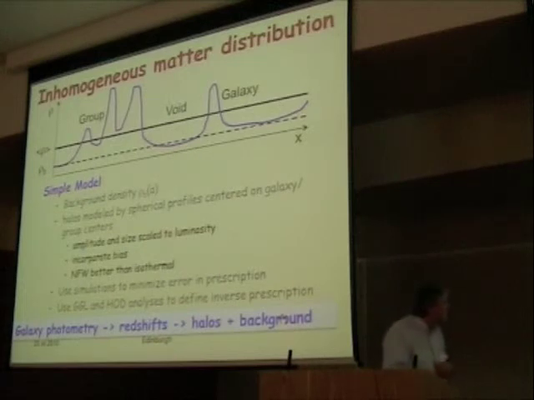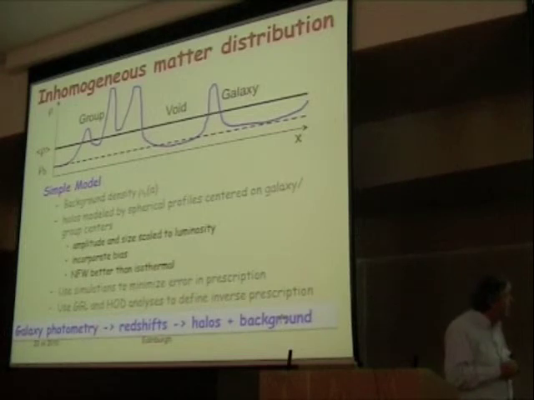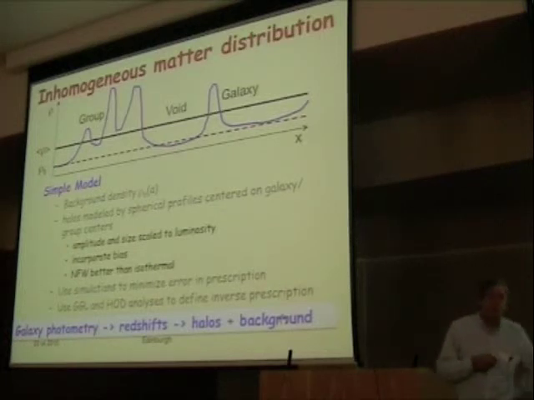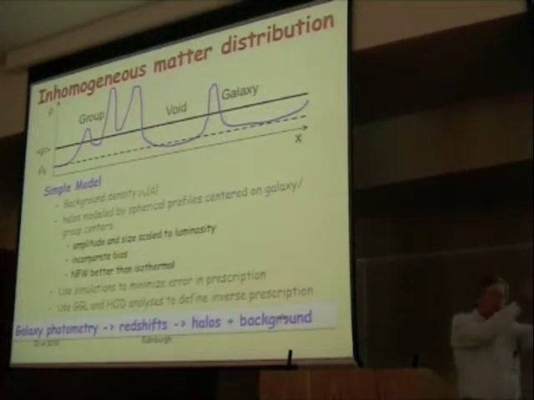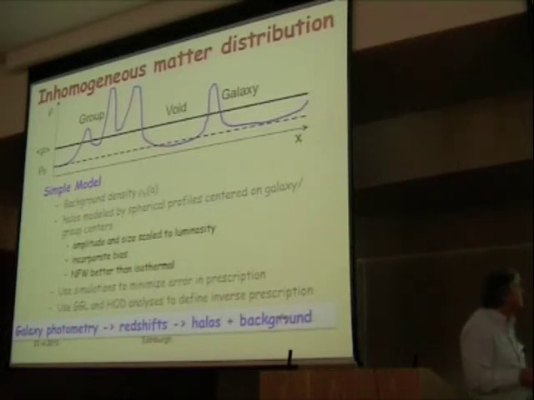And obviously, given the tremendous advances that have been made in galaxy-galaxy lenses and the halo occupation analyses and so on, the hope is that in some way that's usable and useful, you can essentially define the inverse prescription, so you can take an individual line of sight along the sky and see all the galaxies around that line of sight within 10 megaparsecs or 1 megaparsec or some sort of distance, not the whole universe, but just close enough that they might have some influence.